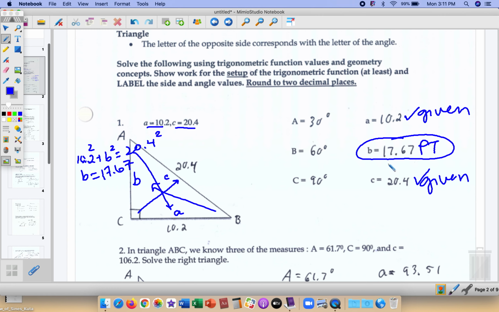Next, we're going to try to find the angles. So we're going to think about SOHCAHTOA, and because they tell us that it's a right triangle, we also know that our angles go in order from smallest to largest, right? So we're going to think about a few of those things. Let me scroll down.